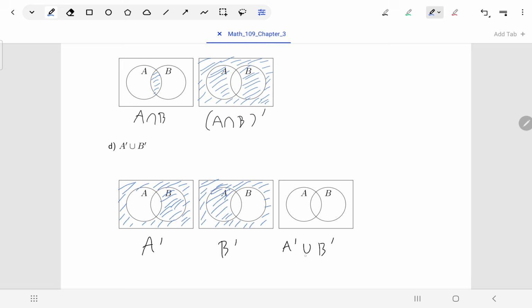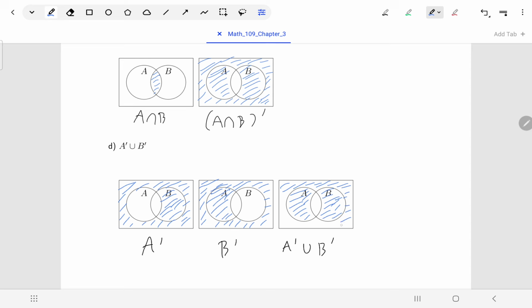And then for a union, remember a union is anything that was shaded in one diagram or shaded in the other or shaded in both. The only B part was shaded in one of the diagrams, so it will need to be shaded. The only A part was shaded in one of the diagrams, so it'll need to be shaded. The exterior was shaded for both, so it will need to be shaded.